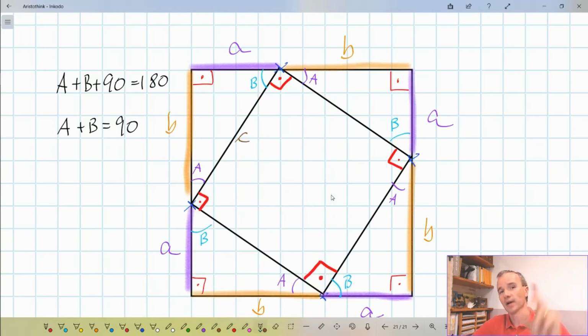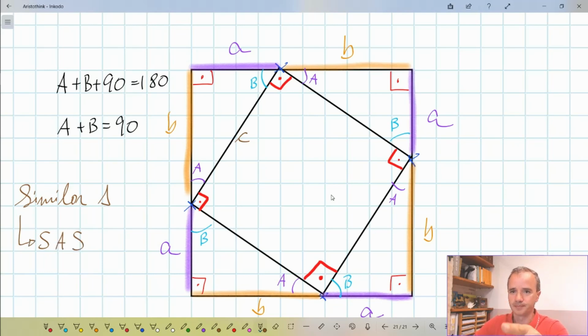Now, remember what I told you, similar triangles. Now, please stay with me. Similar triangles. I'm going to use the property side, angle, side.